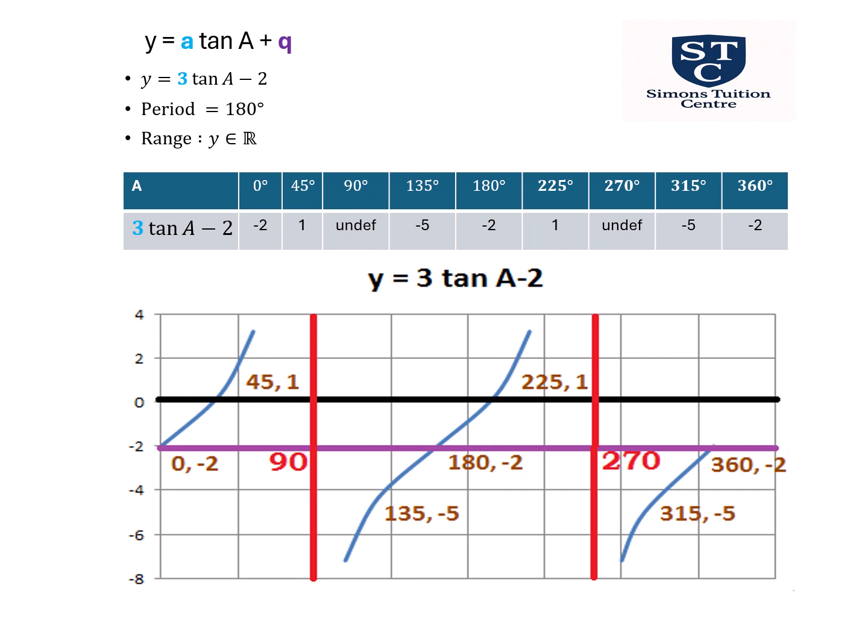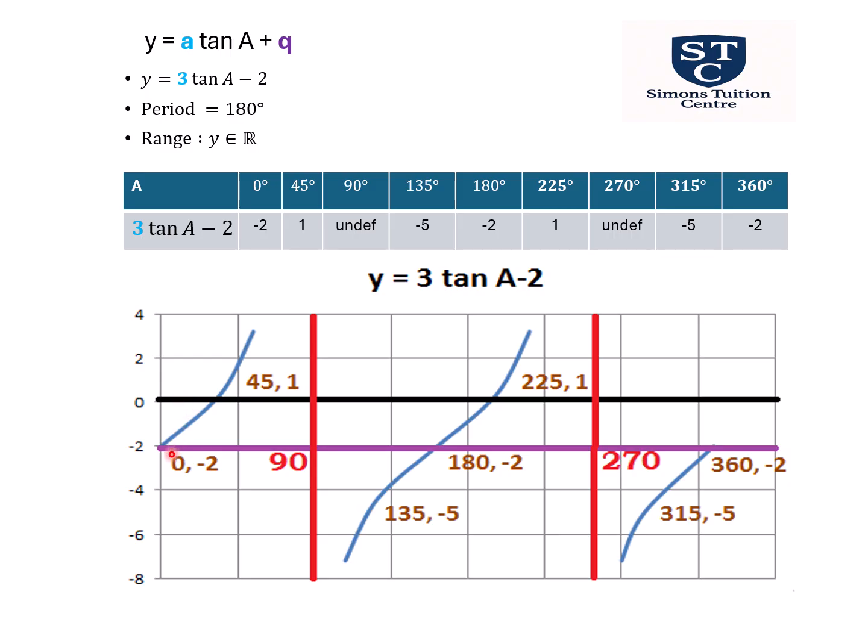Right, so this one here now, we have 3 tan A minus 2. So tan 0 is 0, no? 0 times 3 is 0, but now minus 2 means it's minus 2. So technically the minus 2, instead of making contact there with the black line, this whole graph is moved 2 units down.